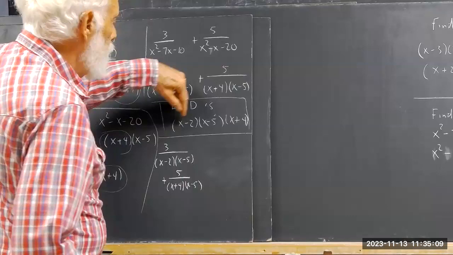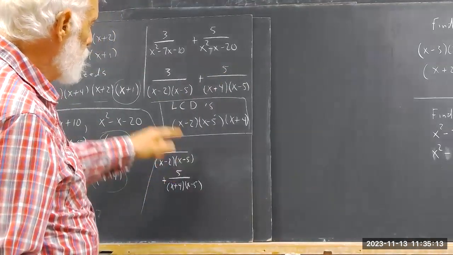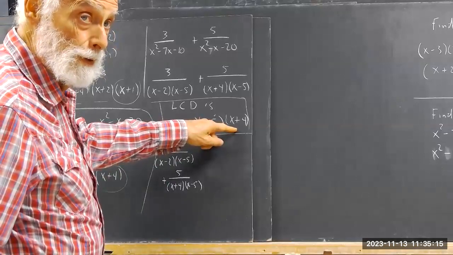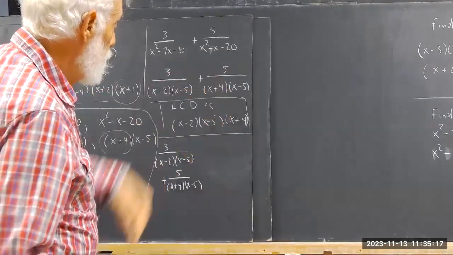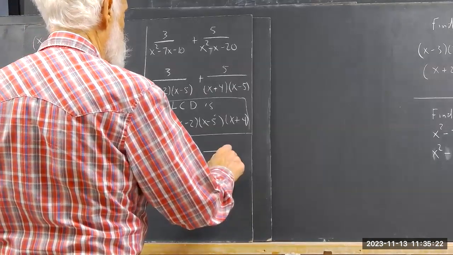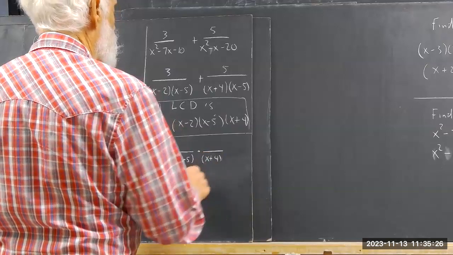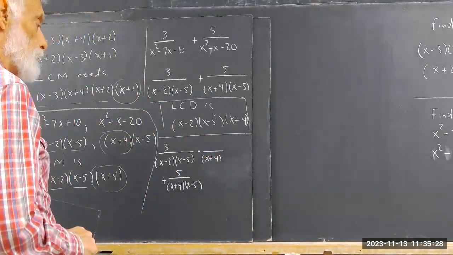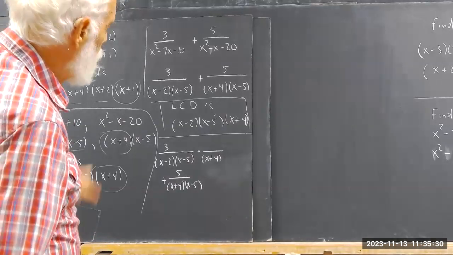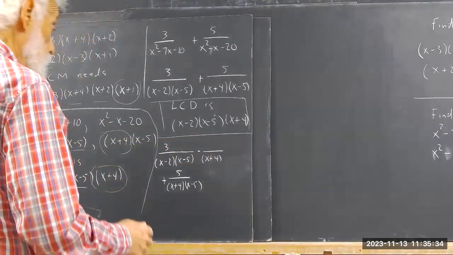Okay, we need this denominator. So we look at the denominator here and say, is anything missing out of the least common denominator? Yeah, x plus 4 is missing. So we need an x plus 4 in the denominator, and we get that by multiplying by a fraction whose denominator is x plus 4. Now, we don't want to change the value of this expression for any x.